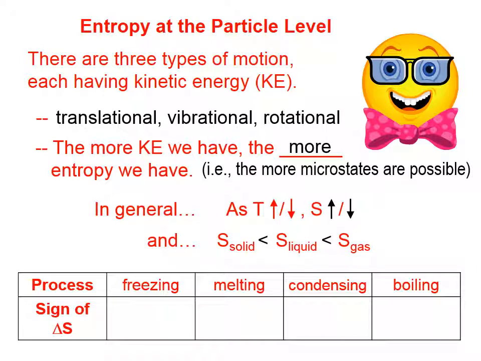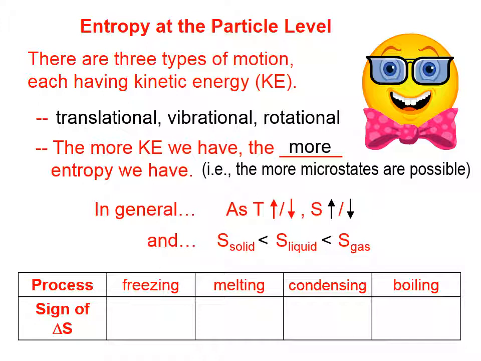How about these phase changes? What would the sign of the entropy change be for freezing, melting, condensing, and boiling? Well, let's consider freezing first. In freezing, we're starting at a liquid and we're changing into a solid. We are going from particles that can slide relative to each other to a state where the particles are fixed in place and just vibrating.